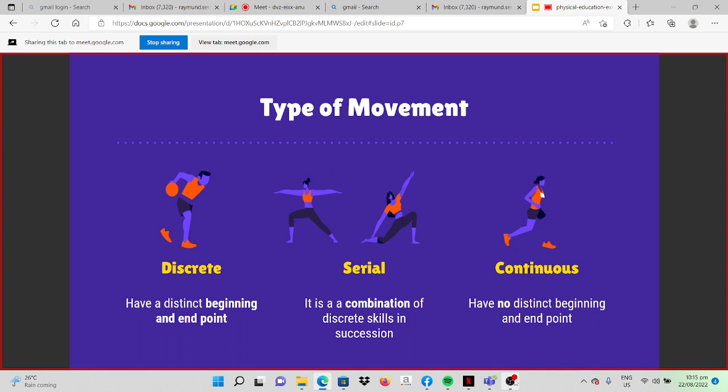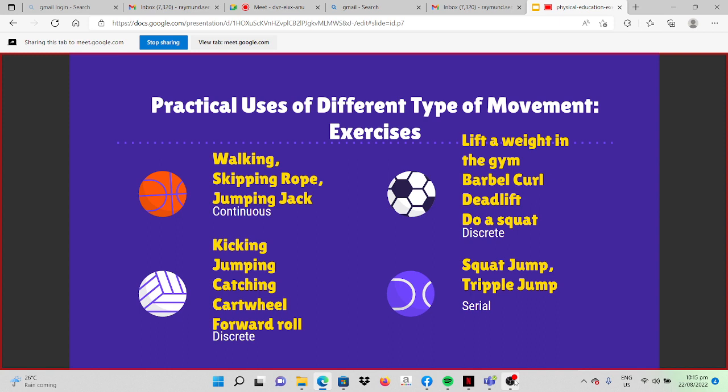So here are the examples of discrete, serial, and continuous skills in exercises, sports, and dances. For exercises, here are practical uses of different types of movement.